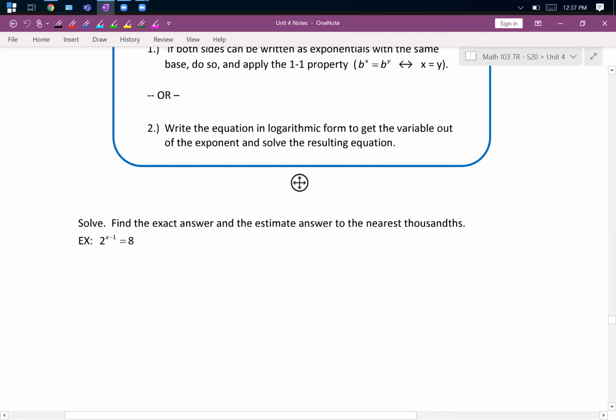We want to try to rewrite both sides as the same exponential base. So I usually start with the big base and say, can I rewrite it as the little base? So can 8 be rewritten as 2 raised to some power? Yes. Sure can, right? That's 2 to the third power.